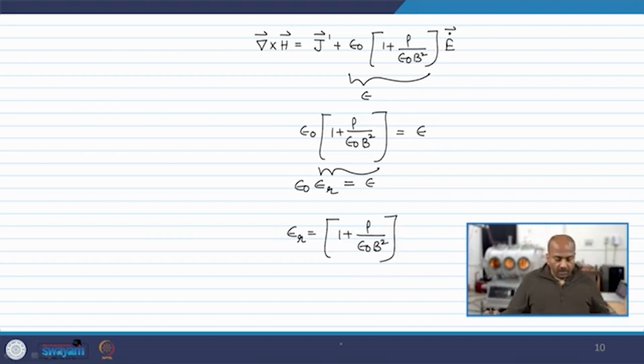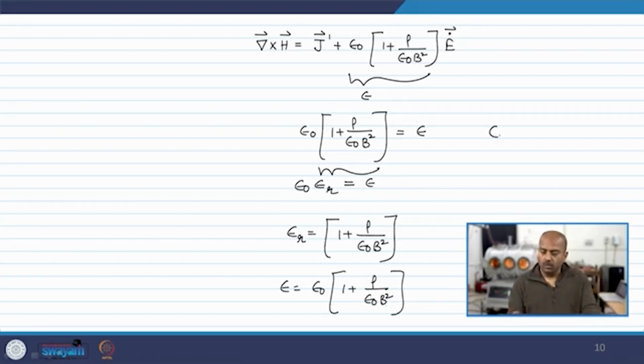So, plasma with a time varying electric field and in the presence of a normal magnetic field behaves like a dielectric with effective permittivity epsilon equal to epsilon naught into 1 plus rho by epsilon naught B square. So, what is epsilon?